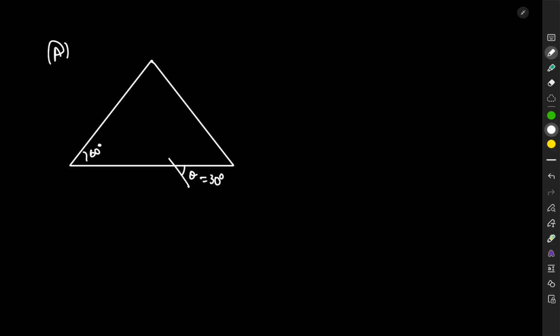Now you need to draw the path the light followed. We know this is equal to 30 degree, vertically opposite angles. It doesn't bend in this case, so we take 30 degree. As it goes here, it reaches here, this will be 90 degree, so it comes back to the same position. This is normal incidence, so it comes back to the same position. Let's take case B.